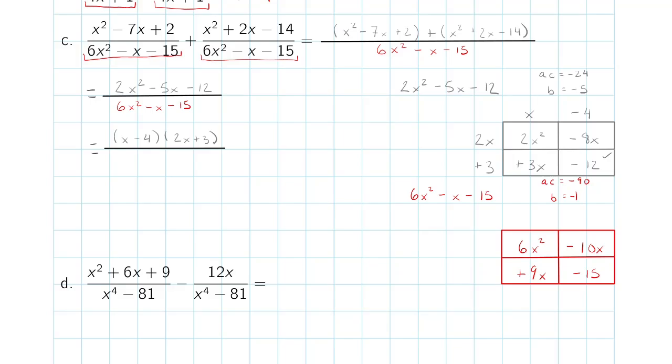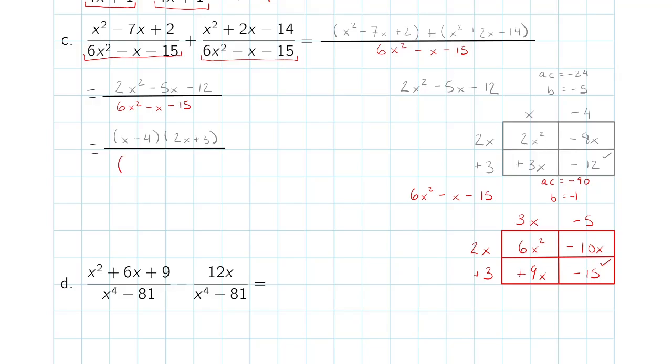Okay, so now we're looking for, in our first row, our least common multiple, I think, is a 2x. And then 2x times what is 6x squared? 2x times 3x. 2x times negative 5 is negative 10x. 3x times 3 is 9x. And then 3 times negative 5 really is negative 15.